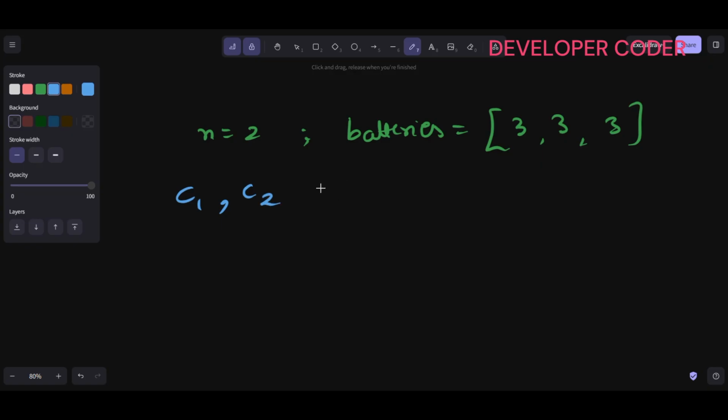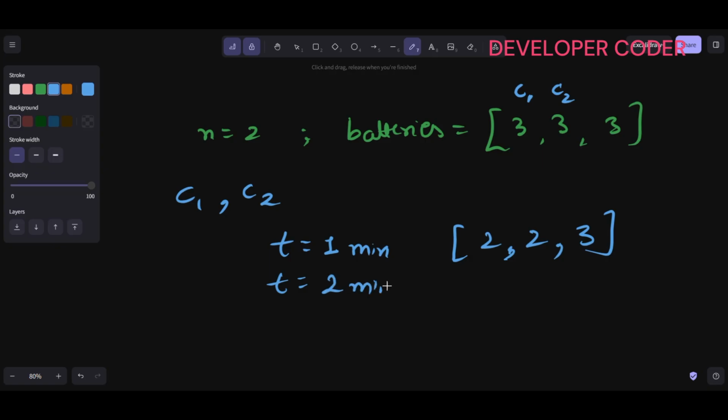At time t is equal to 1 minute, let's say my C1 is using this battery and my C2 is using this one. What is going to happen? This is going to become 2, this is going to become 2, and the third is going to remain 3. Clear? And then, let's suppose time becomes 2 minutes and I'm still using the same batteries for C1 and C2.